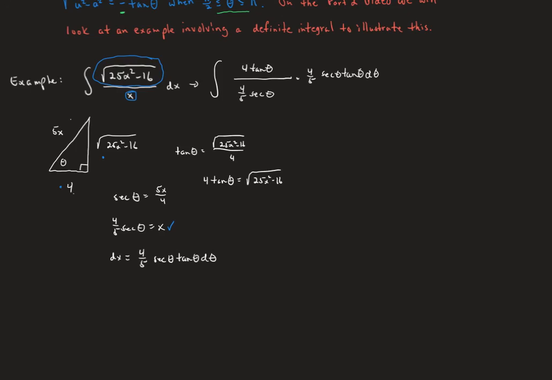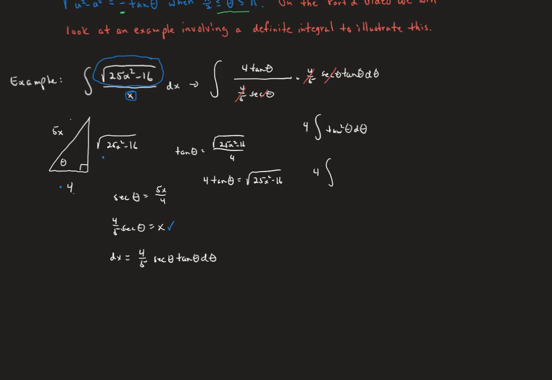Let's see if anything simplifies. I think we can cancel this secant theta with that secant theta. We can cancel that entire 4/5 with that entire 4/5. And then our integral becomes, the 4 we can pull out of that, and we'll get a tangent squared theta d theta. So we've been doing all of these trig integrals lately, which is going to come in handy.